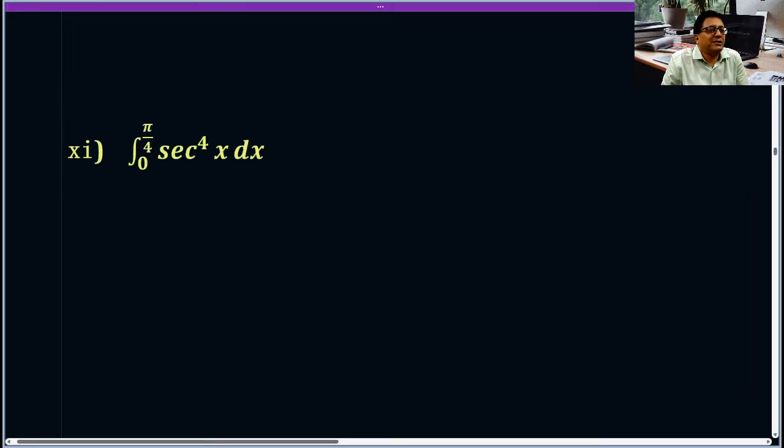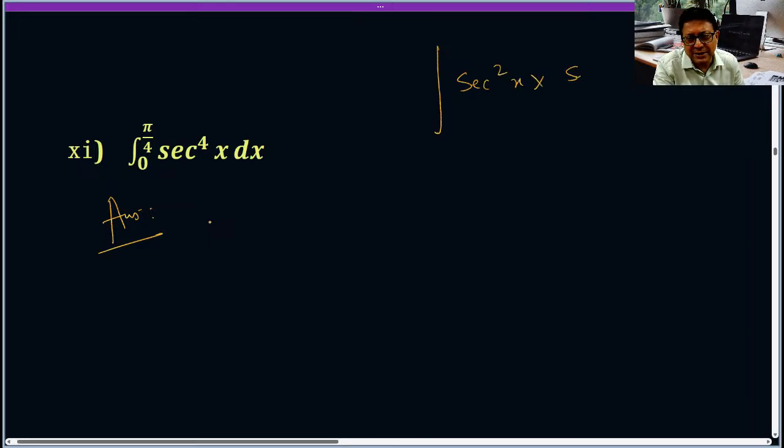Sec to the power 4 x. Let me take a stop here. Take a break here. How to do it? Sec to the power 4 x dx. If you don't remember, then I help you. You write sec square x. Indefinite part, I do the observation first.